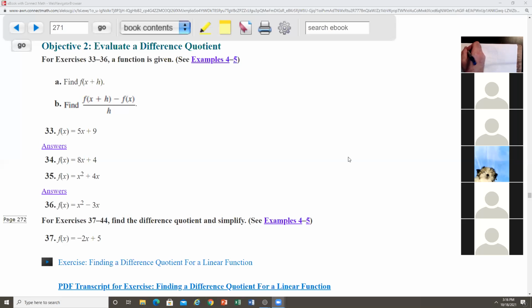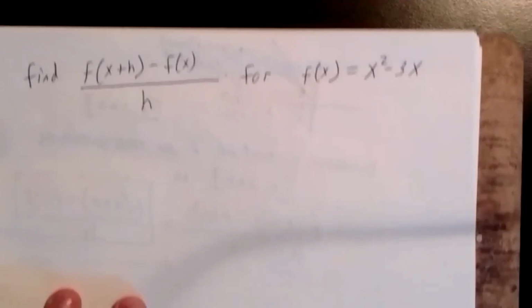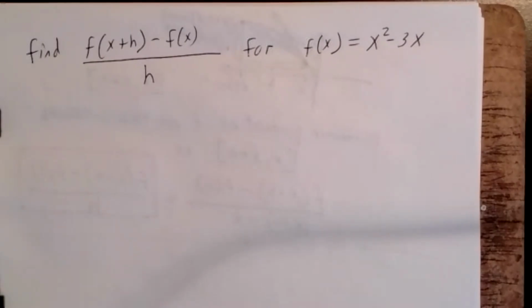So the instructions will say find f of x plus h minus f of x divided by h, for the function f of x equal to x squared minus 3x. So that's what we're going to attempt to do here.